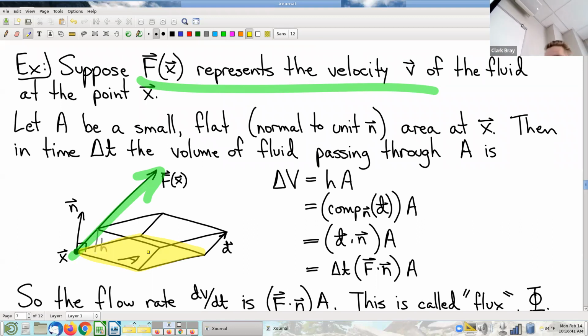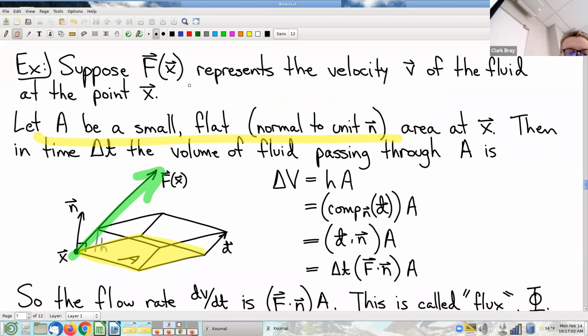So maybe this is a net and we're fishing. Maybe this is air going through a screen, or water flowing through a pipe, any number of possible applications. So how do we compute it? Well, let's ask, in some small amount of time delta t, how much fluid actually flows through?